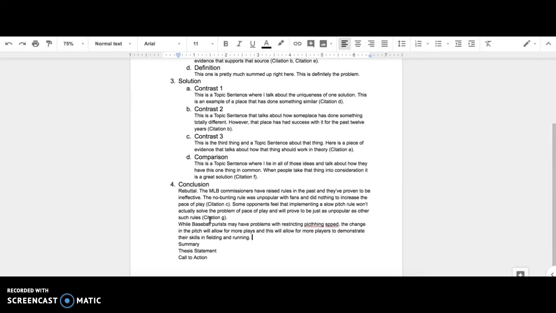We need something to back this up. So maybe something along the lines of, in fact, this rule has been supported by the, I don't know, we'll say the minor league players union.